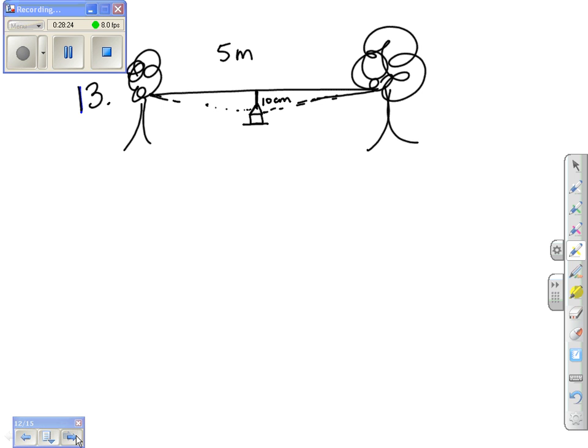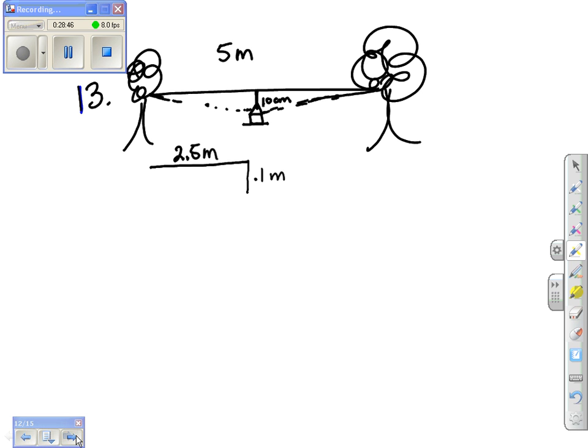Well, the thing to realize is if I hang this in the middle, I now have created this to be 2.5 meters on this side. And I have to convert this from 10 centimeters to meters, which I divide by 100 and I get 0.1 meters. All right. We all okay with that so far, hopefully.